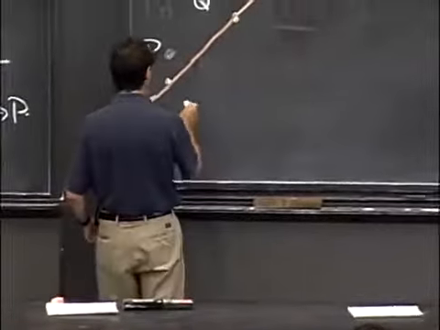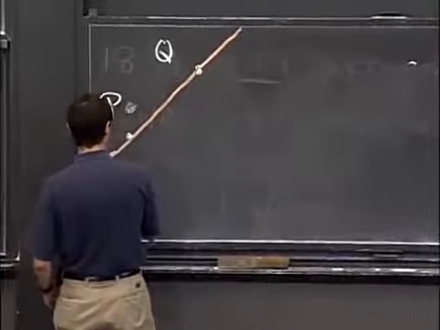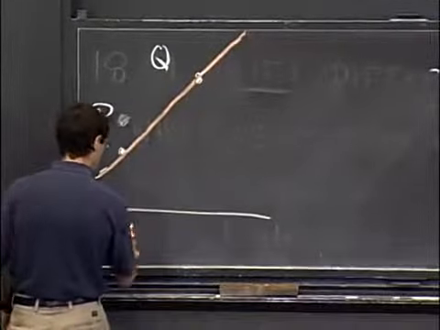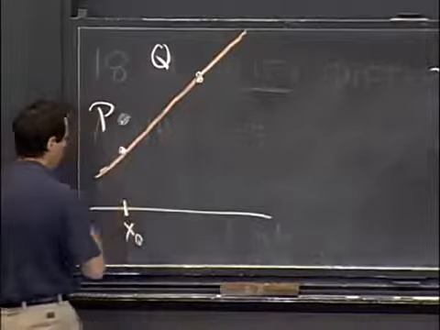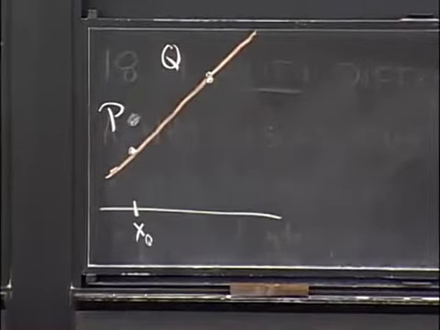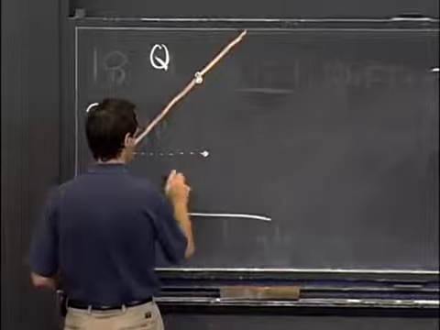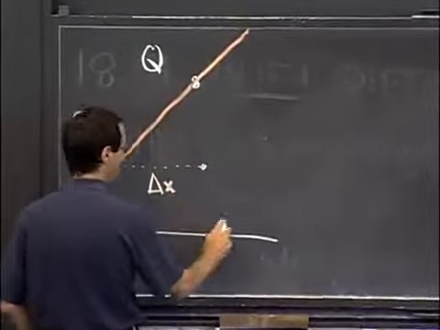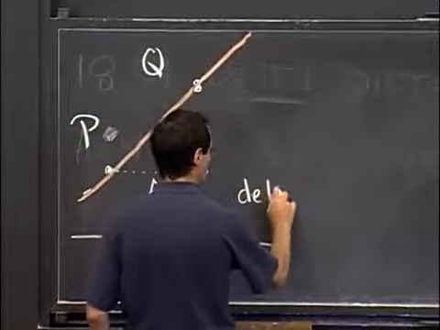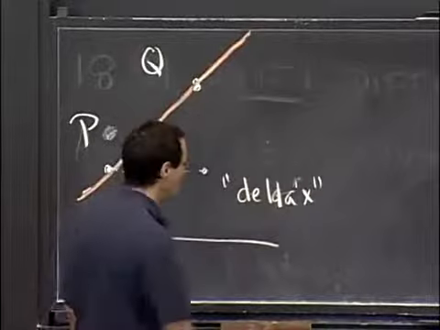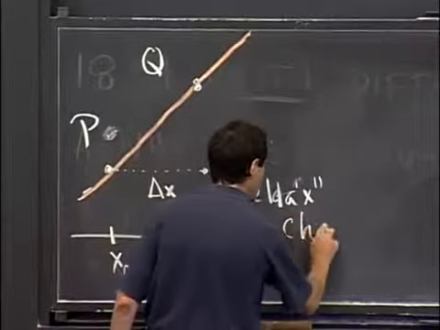So the first notation that's used is you imagine here's the x-axis underneath, and here's the x0, the location directly below the point P. And we're traveling here a horizontal distance, which is denoted by delta x. So that's delta x, so-called. And we could also call it the change in x.